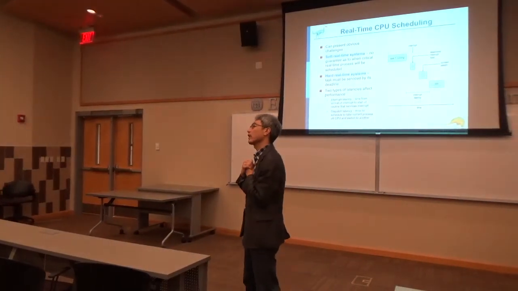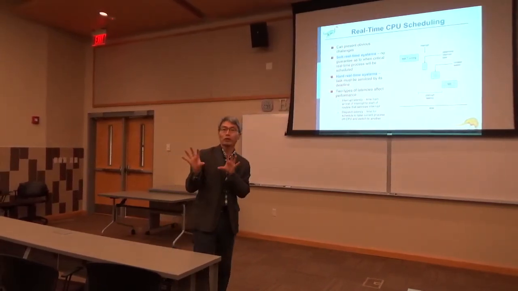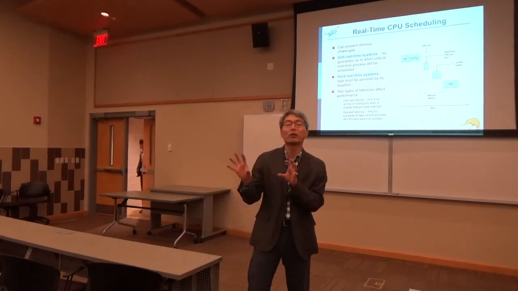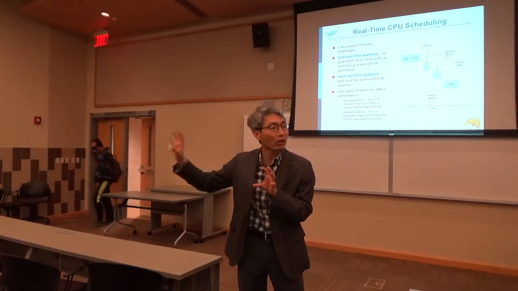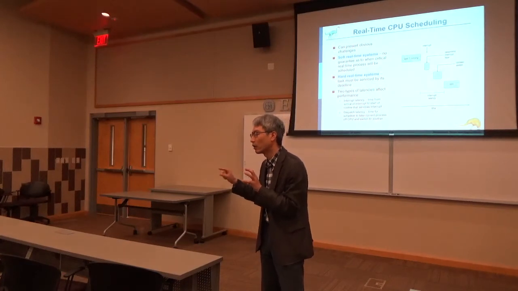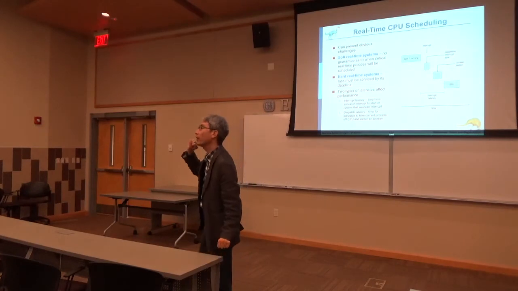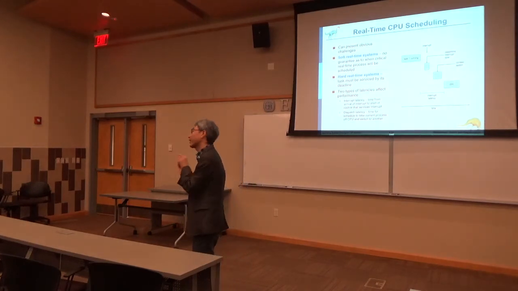In operating systems, if you encounter the name preemptive or non-preemptive, we will see it several more times in other operating system algorithms, for example deadlock. So we will see what non-preemptive and preemptive mean.